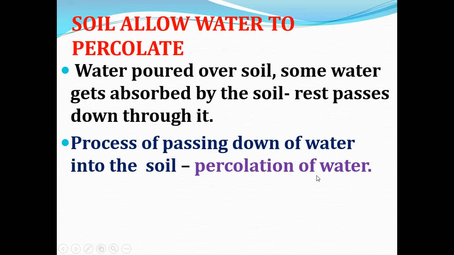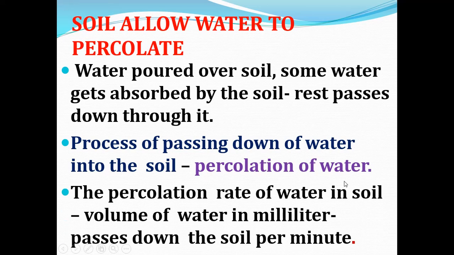So what is meant by percolation of water? The process of passing down of water into the soil. Some water gets absorbed by the soil and the rest passes down into the soil.